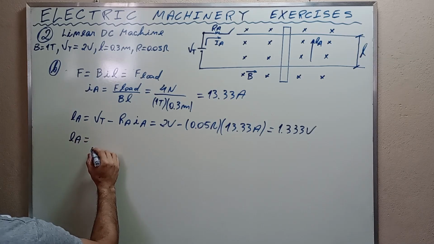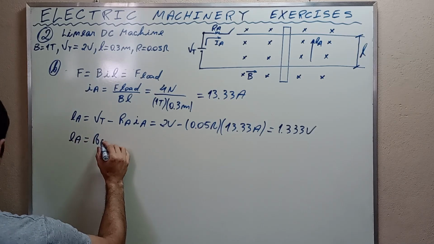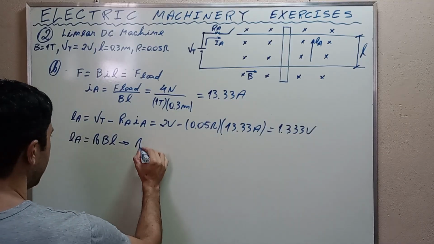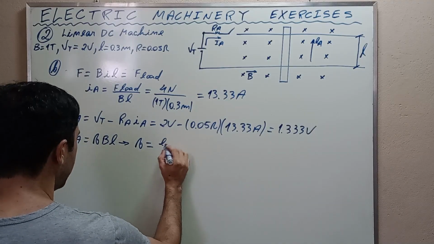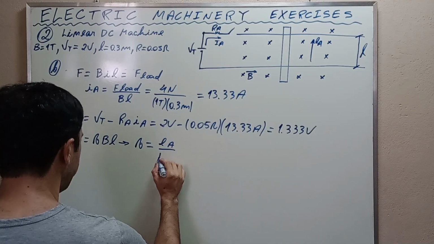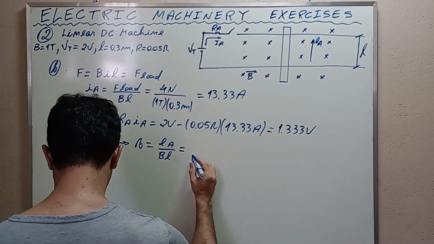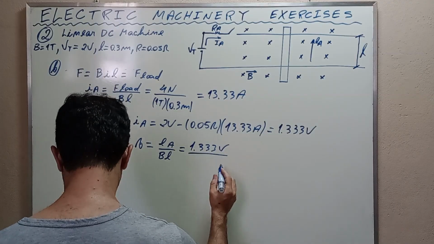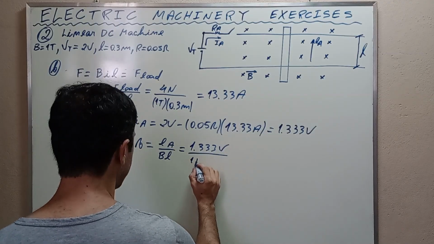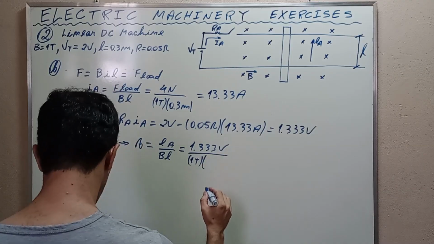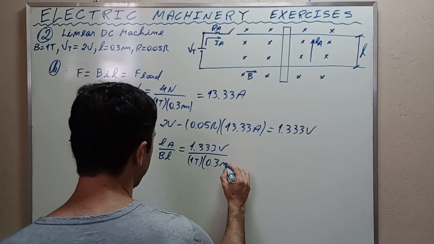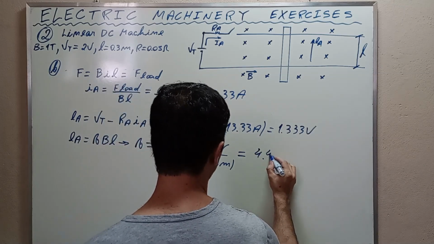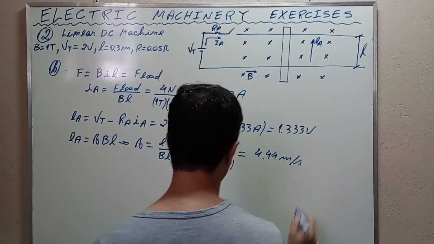EA is equal to VBL, and solving for the velocity, V is equal to EA divided by B times L, and this is equal to 1.333 volts divided by 1 Tesla times 0.3 meters, and this is equal to 4.44 meters per second.